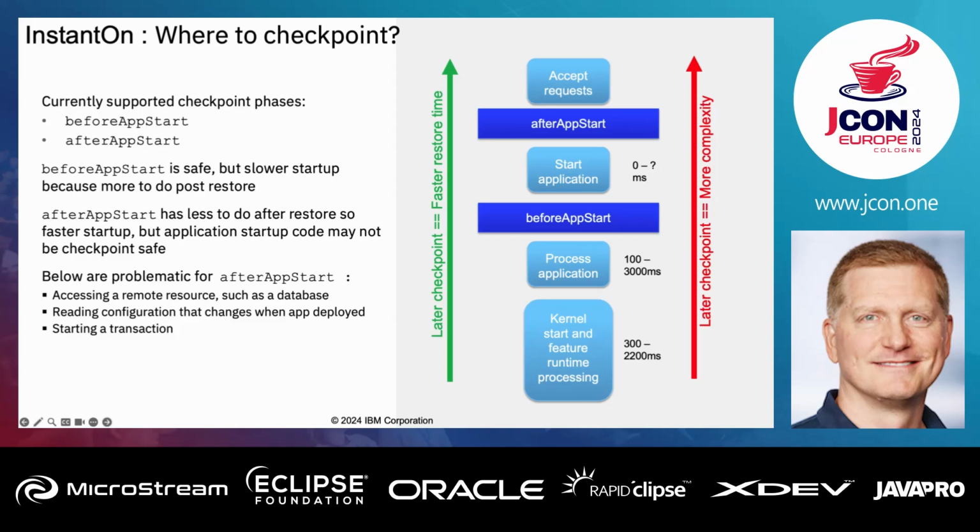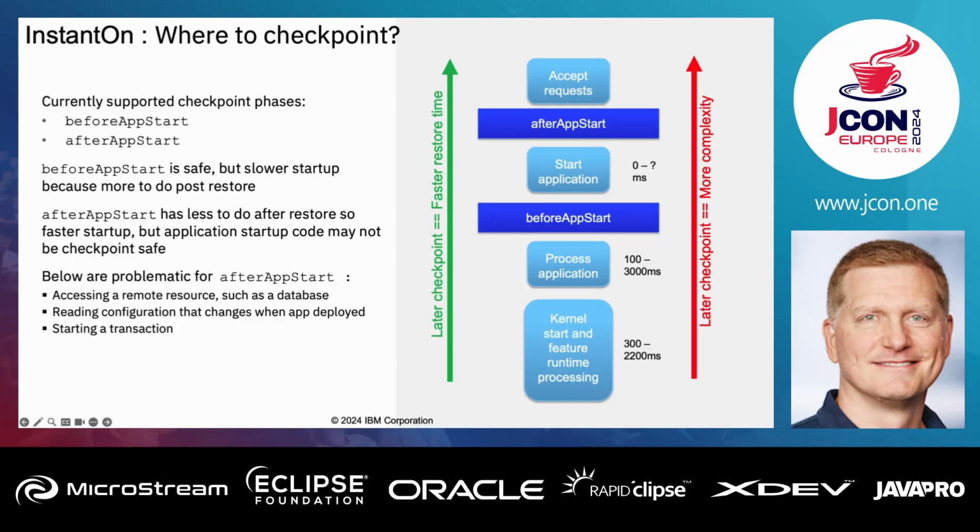We don't know what your code is doing. You could be doing all kinds of crazy things in there and storing all kinds of resources that aren't necessarily using the appropriate facilities to make sure that they get restored correctly. If you're not handling that stuff, then restoring that checkpoint is going to be a bad idea because there are things that are just not going to work properly. So it's more risky to use the later time.